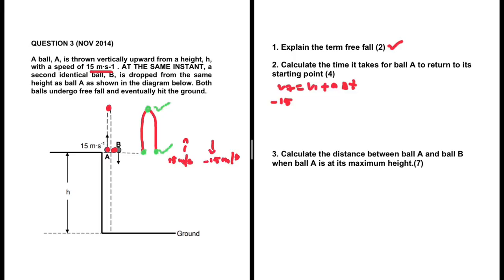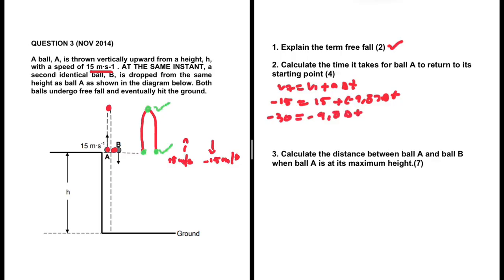So we are going to have minus 15 being equal to 15 plus minus 9.8 multiplied by delta t. If we take 15 to the left hand side, we're going to get minus 30 being equal to minus 9.8 delta t.